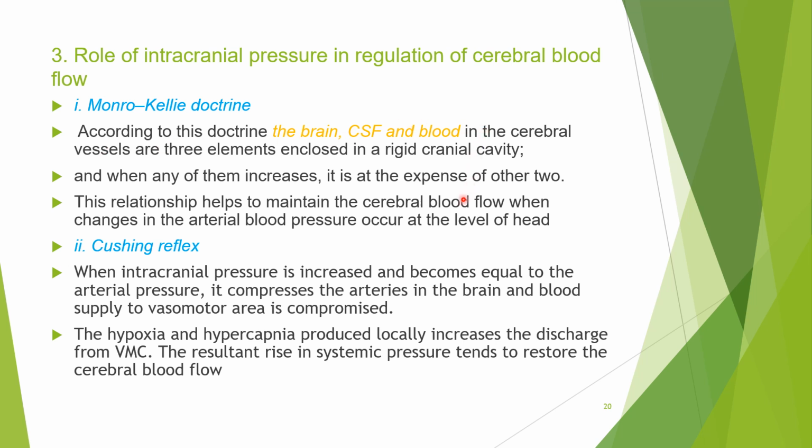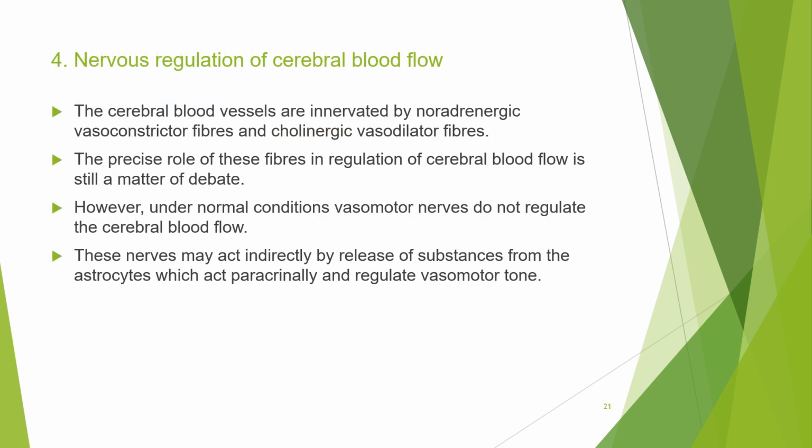Then we are going to the fourth mechanism, that is nervous regulation of the cerebral blood flow. How will the nervous system regulate the cerebral blood flow? The cerebral blood vessels are innervated by noradrenergic vasoconstrictor fibers and cholinergic vasodilator fibers.